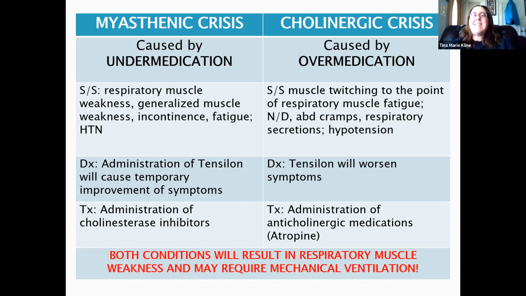What you will see though, for the most part, if you get somebody who is in the hospital with an acute flare-up of myasthenia gravis, it is generally because they are in a myasthenic crisis.